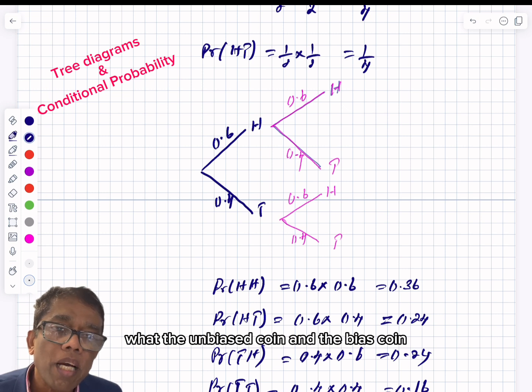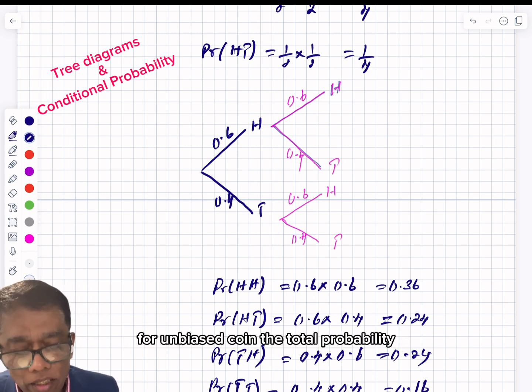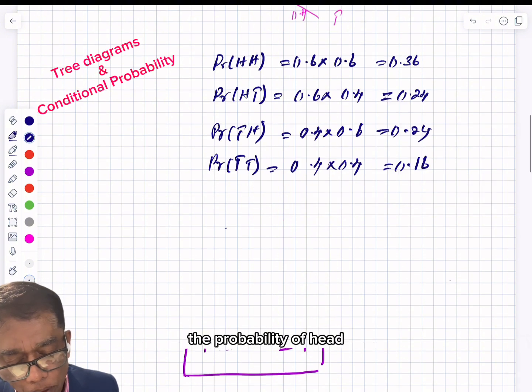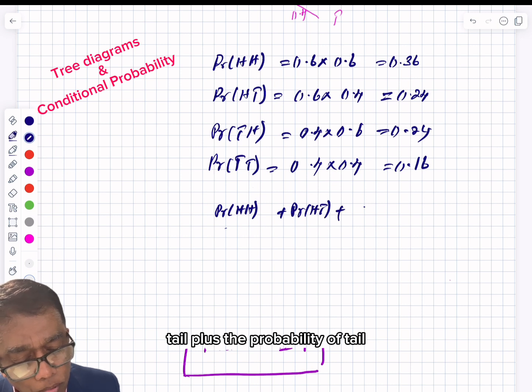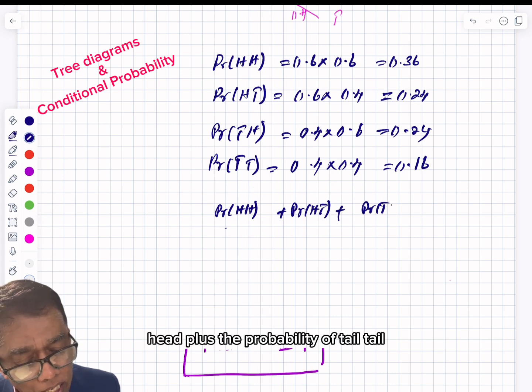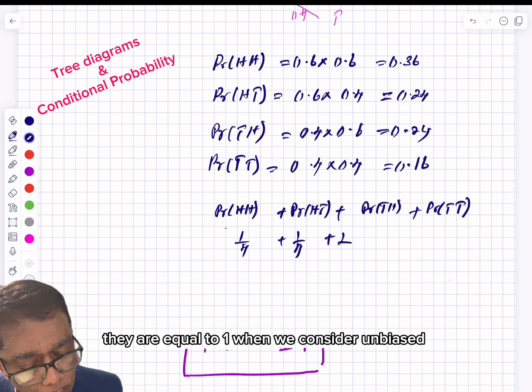Now let's consider these two situations, the unbiased coin and the biased coin. For the unbiased coin, the total probability is the probability of head-head plus head-tail plus tail-head plus tail-tail. If we add them together, they are equal to 1.